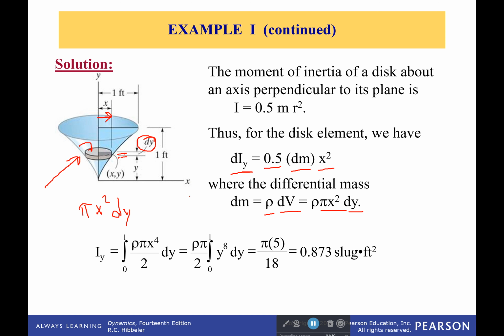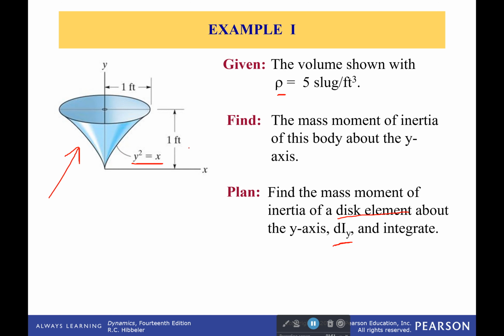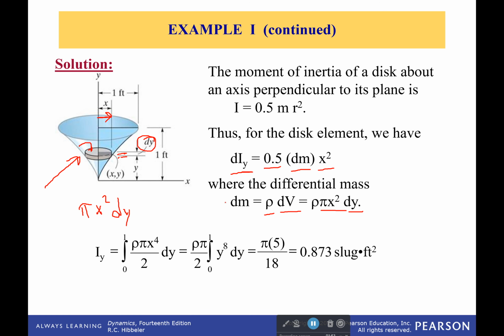We use the equation. If we go back to the beginning page, we see that y squared is equal to x. And so what I do then is I say, okay, well then x squared is going to be equal to y to the fourth. Sorry about that.